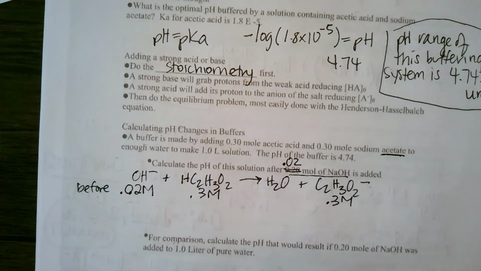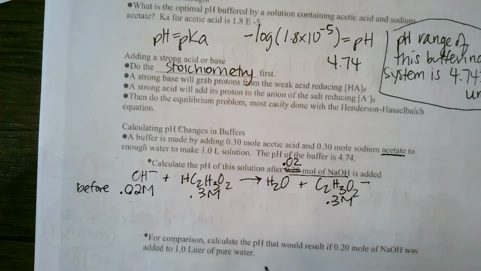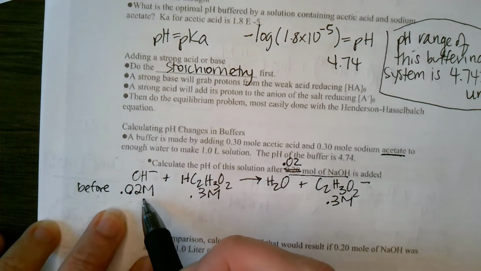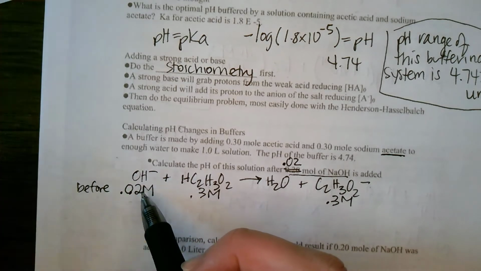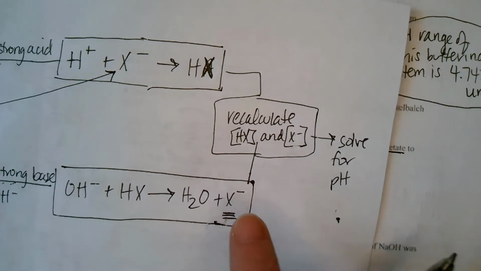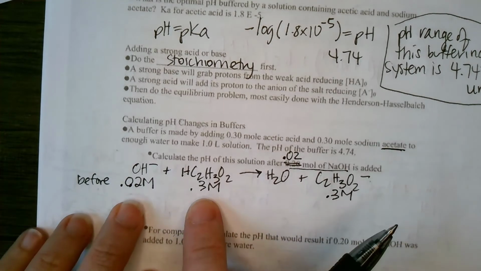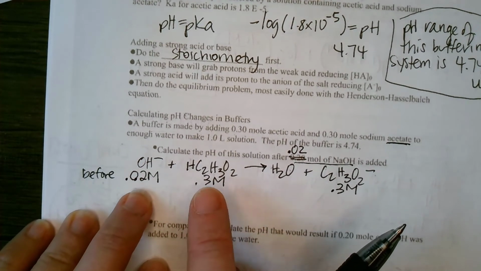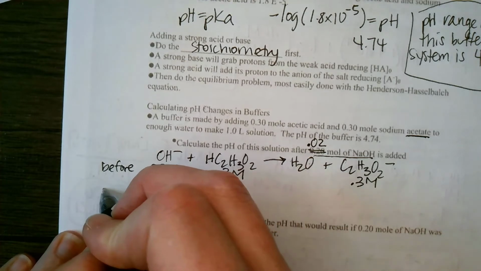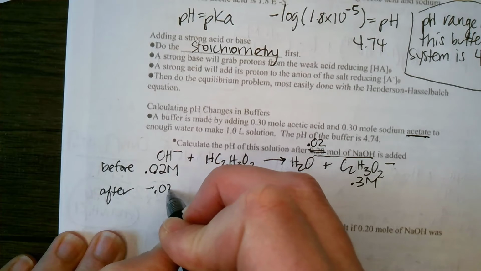Now, we know that as this reaction is happening, it's all a 1-to-1 ratio. We're going to use up this hydroxide, right? We know that this reaction is going to create more acetate. And what are we going to use up first? Obviously the 0.02 over the 0.3. So after this reaction, we're going to lose 0.02.